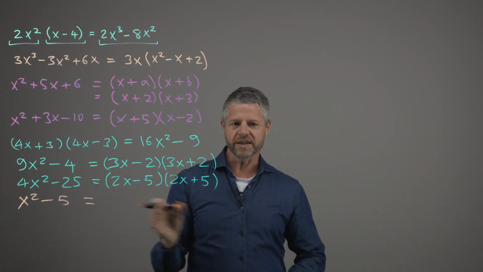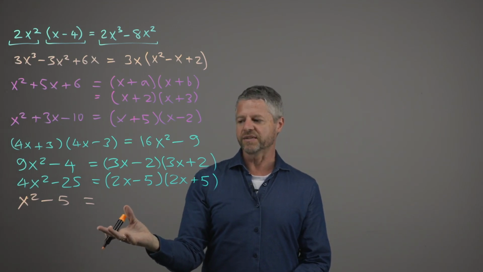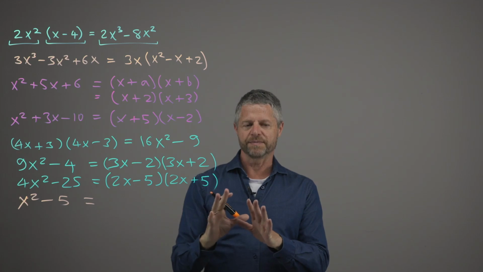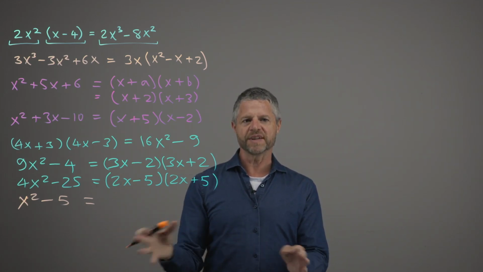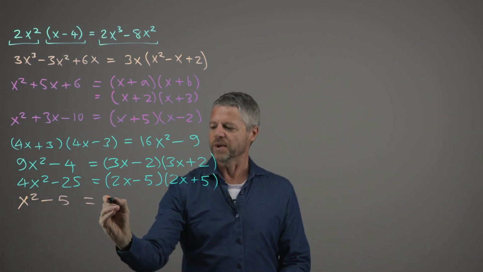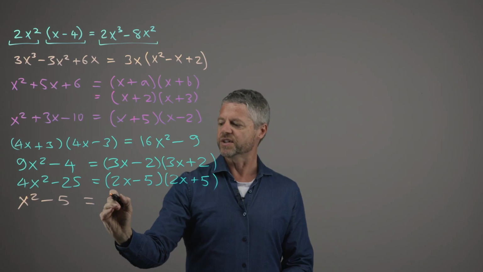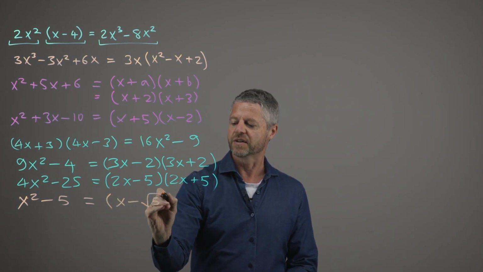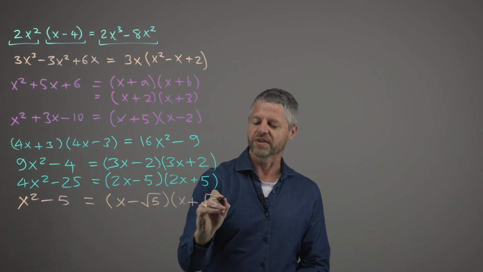But if we expand our number system into all real numbers, so not just rational numbers but irrational numbers as well, then we could factor this, again using the idea of conjugates, as x minus the square root of 5 and x plus the square root of 5.